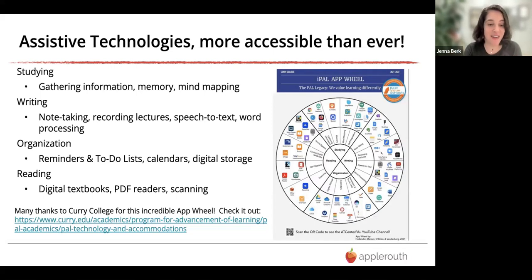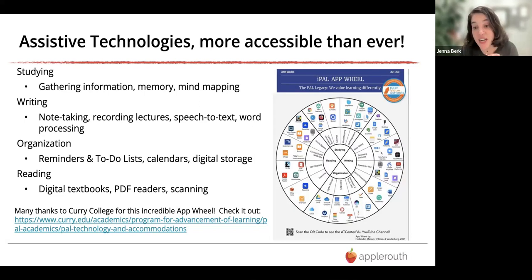I've got a link right here if you're interested in it. The Curry College does a lot of really great work with students with learning disabilities, and I can't recommend them enough. But this particular app wheel organizes all of these assistive technologies by studying, writing, organization, and reading, and then divides them out into different categories.